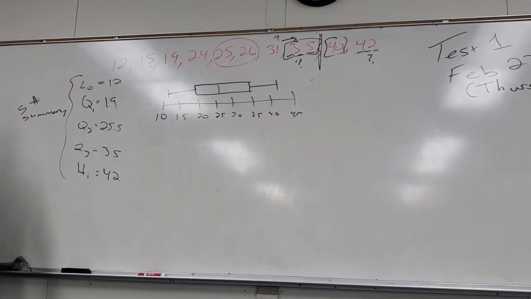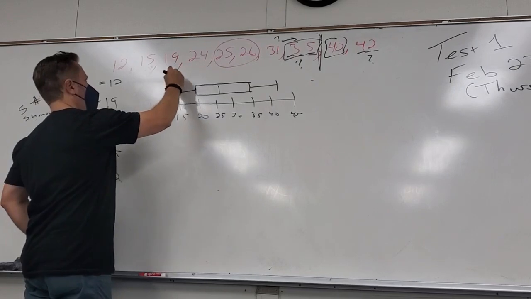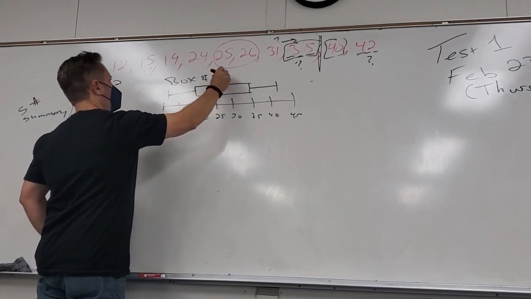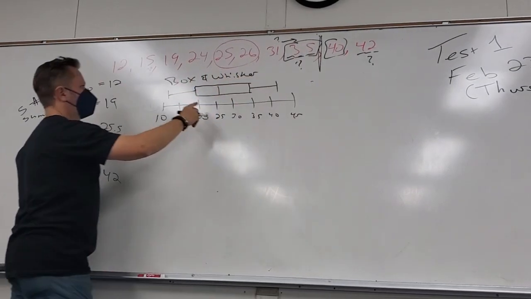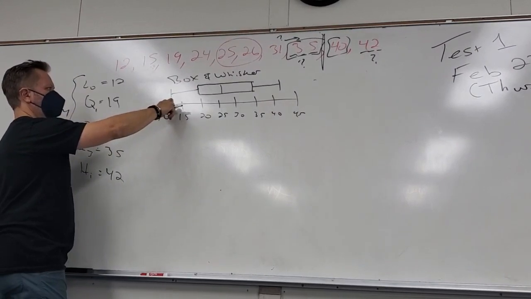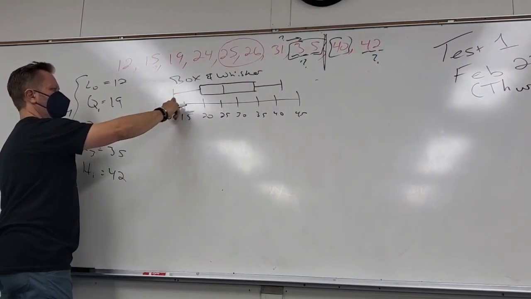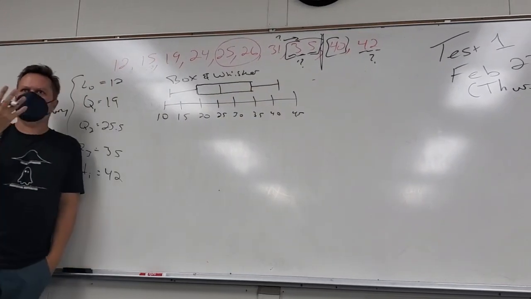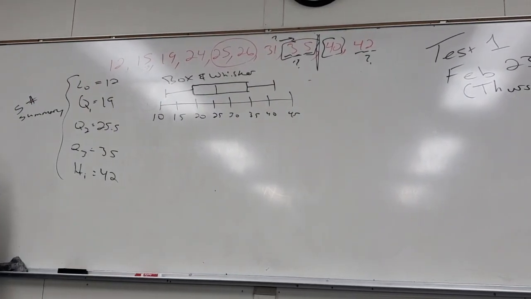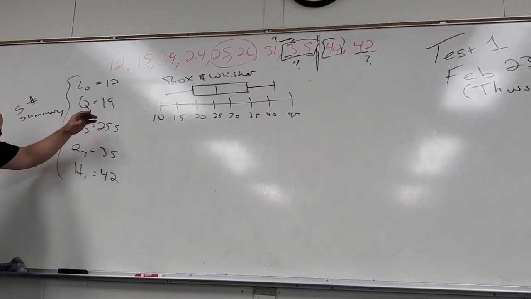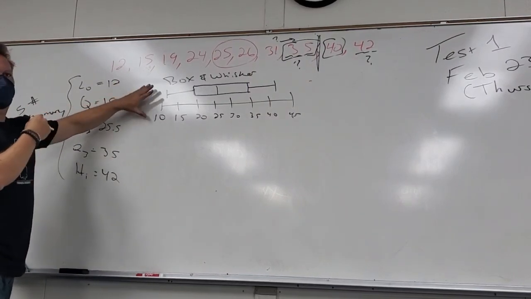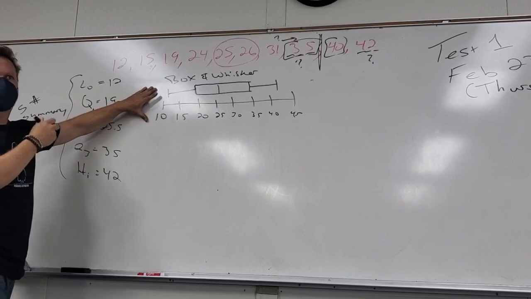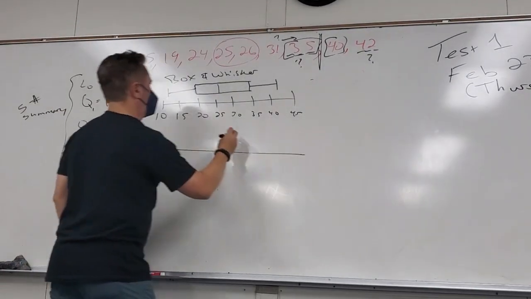So if I ask you to create a box and whisker plot, this is what I mean. Somebody remind me, what did that line represent? The lowest, Q1, Q2, Q3, high, right? The 5-number summary, visualized. So let's say this is scores on a quiz for one class. What if the other class looks like this?